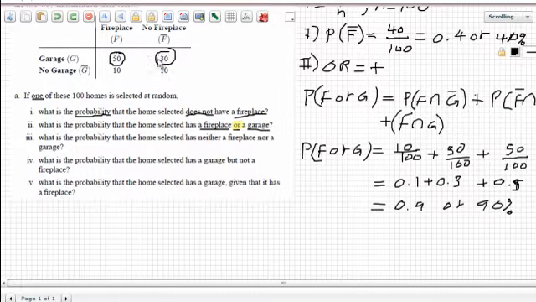Considering that if we look at the table over here and you really think about it, if I walk into any one of those 100 houses, I'm bound to find at least a fireplace or a garage, if not both. So it seems that that would constitute about 90% of all the homes. So 90 homes out of those 100 have either a fireplace or a garage in them, if not both. So that's how I know that what I've done is actually making sense.